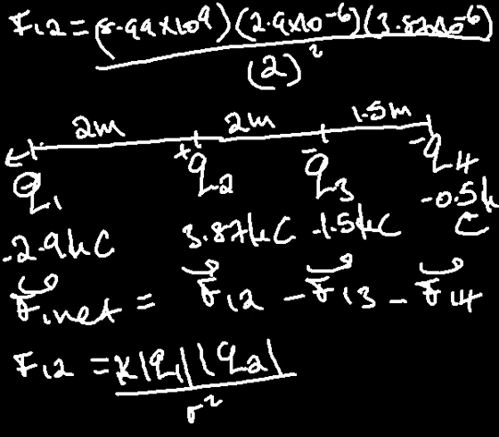So we have 8.99 times 10 to the power 9 in a bracket, 2.9 times 10 to the power -6, and times 3.87 times 10 to the power -6.